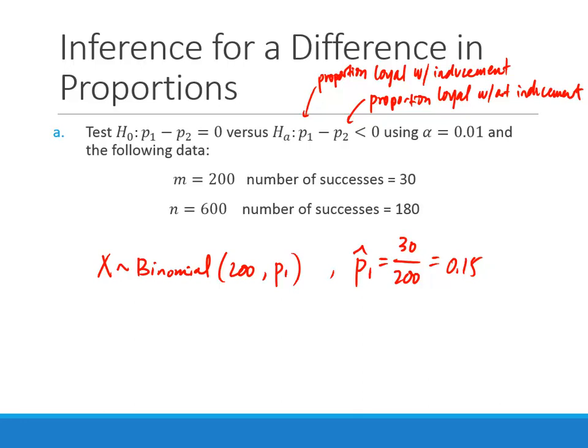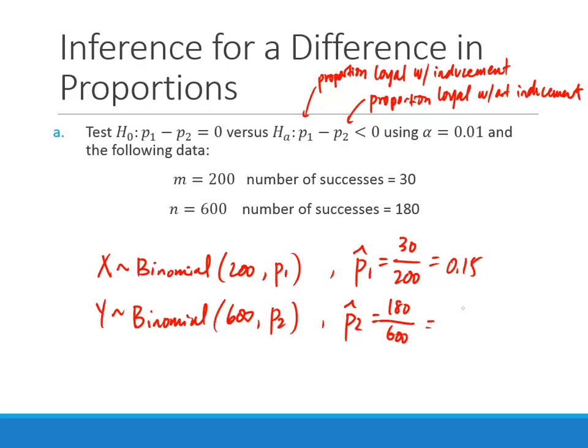Okay, and similarly we have Y is binomial with 600 trials, success probability P2, and P hat 2 is 180 over 600, which is 0.3.